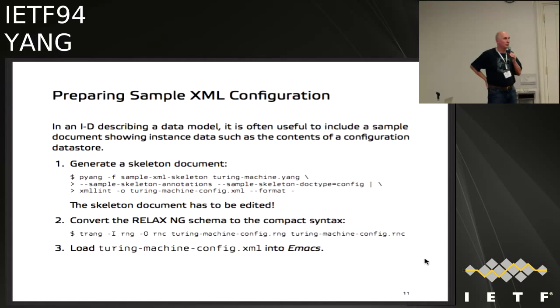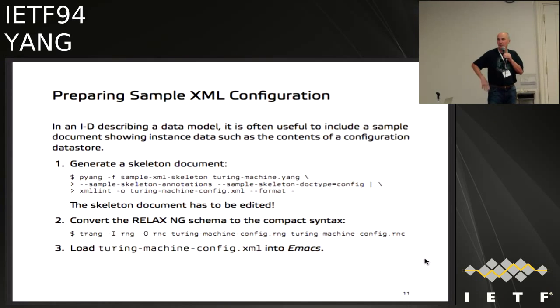But then this skeleton document has to be edited. Usually it's not valid because, for example, for every choice that's in the data model, you will have all cases that are part of the choice included in that instance document. So usually you need to remove all cases but one from the instance document in order to make it valid. But anyway, it's just a technical point.